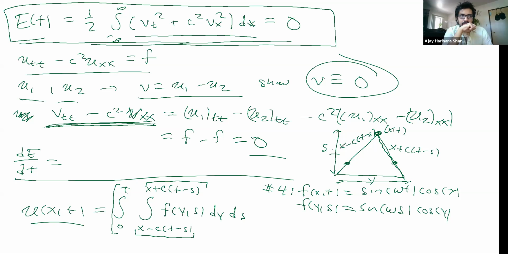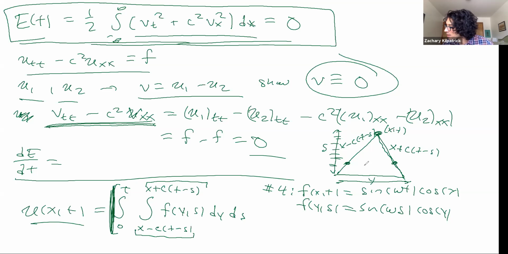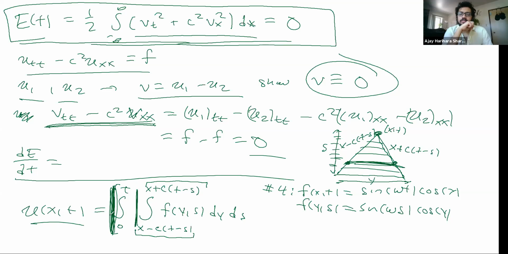And each of these s values is just a different value of t. So that's integrating in this direction in 2D, that's the inner integral. At each point in time I'm integrating in x that way, and then I add up all those integrals by integrating in the time variable.